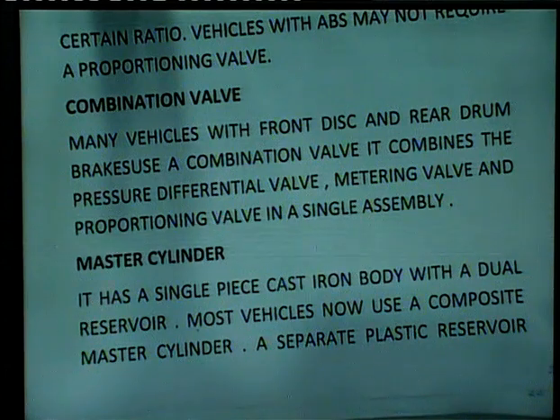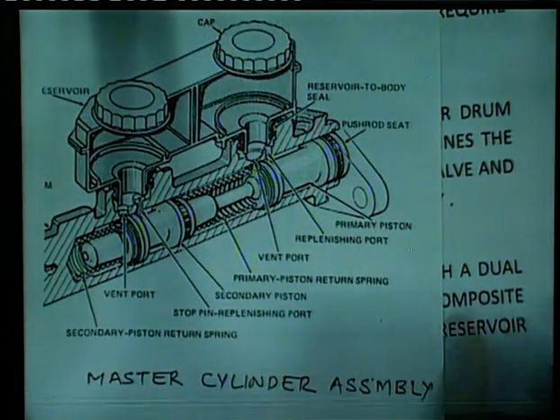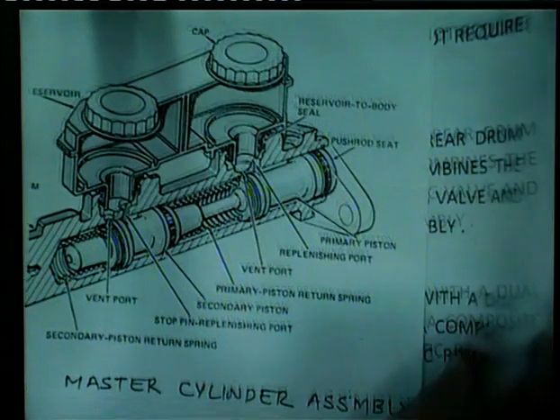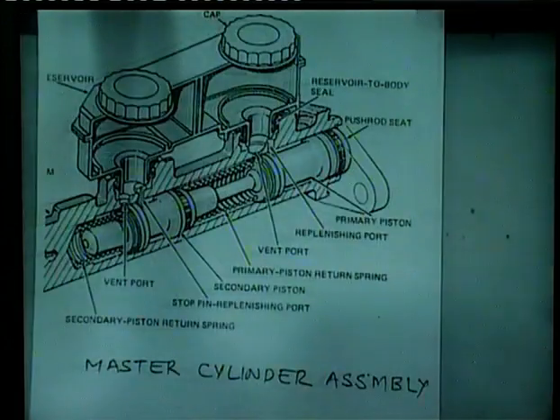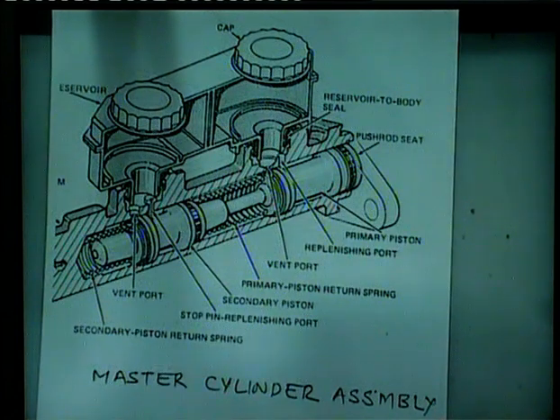Let us see the master cylinder. It has a single piece cast iron body with a dual reservoir. Most vehicles now use a composite master cylinder, with a separate plastic reservoir. See here, it is a precast body of a master cylinder, and the plastic body is attached to the aluminum body with rubber seals.